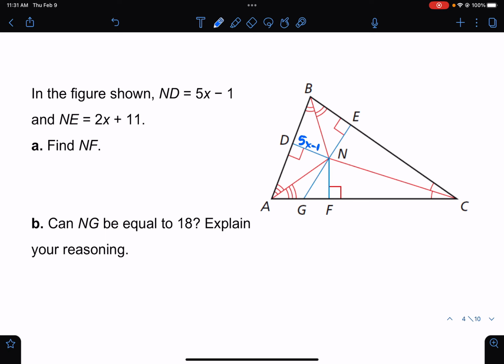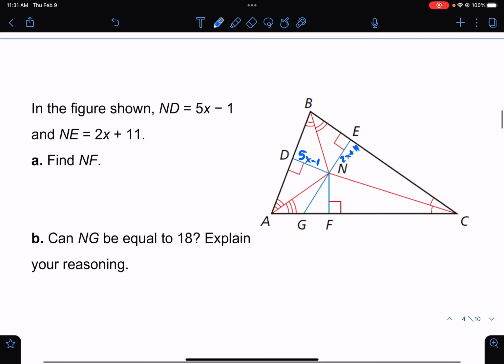It's not a number, it's an expression, but it still gives me that distance. And then it says that NE, this distance, is 2x plus 11. So I'm going to add that to my picture as well. And then it tells me to find NF. It wants me to find this distance right here, so that's my question mark.